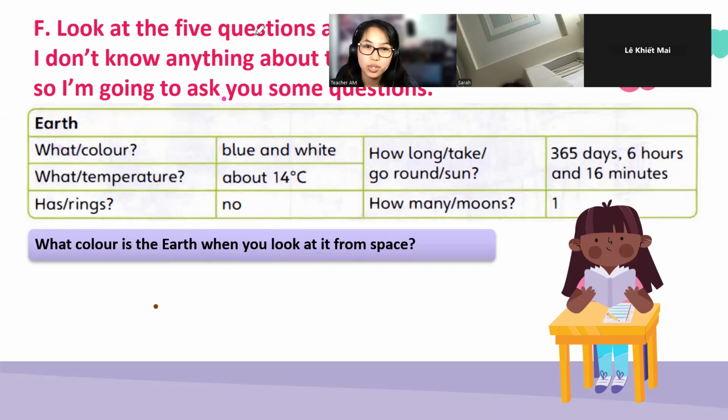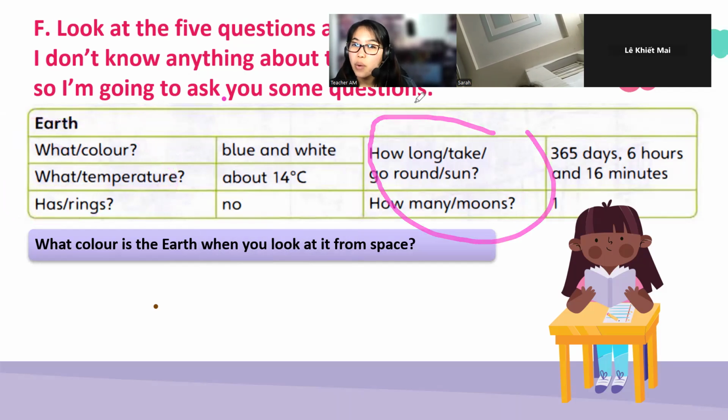So for number one, this is bonus. Then for number two, Sarah said, what temperature? When you are asking a question, look at the questions in here. It gives you the clue what to ask. However, the questions are not complete.